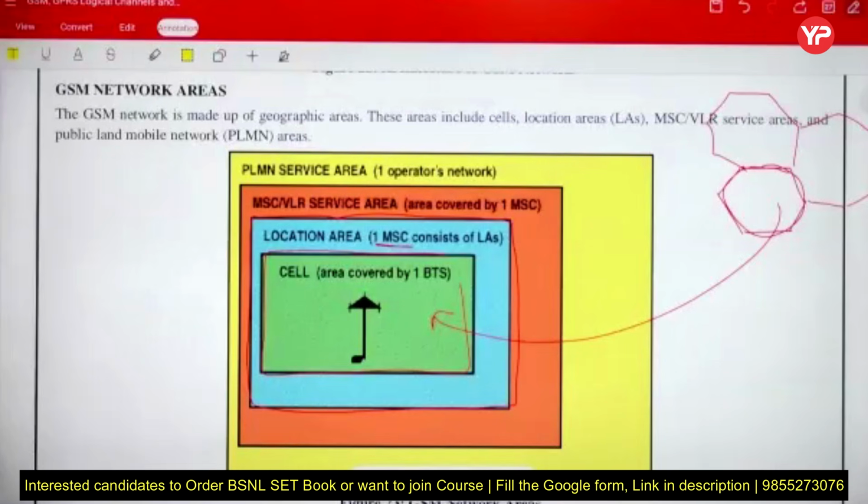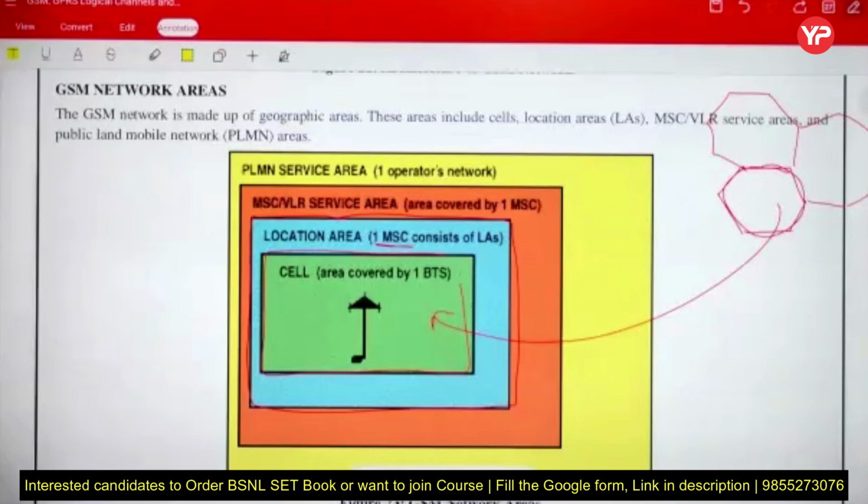हर एक सेल को हम लोग एक सेल ग्लोबल आईडी प्रोवाइड करते हैं. We will provide each cell a cell global identity, and that number is unique for each cell, right? So each cell is provided a unique identity number that is called the cell global identity, CGI.